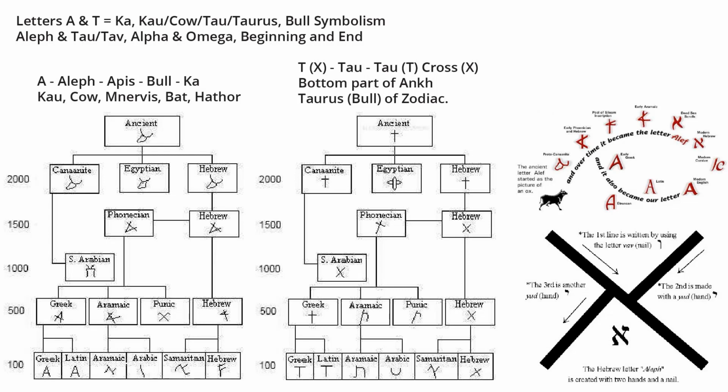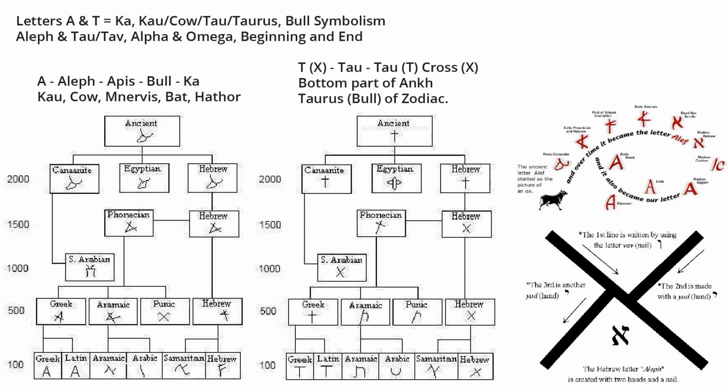The T, the Tau cross, relates to the Ankh and the X, and comes back, relates to the Ka and the cow, and the Ankh directly to the thoracic vertebrae. So it all relates back to the ox and the cow and the bull. And here we have the T, so we have the cross, and then we have X, and then back to the cross again, so it's between crosses and T's is how it's used, even in the modern age, I guess.